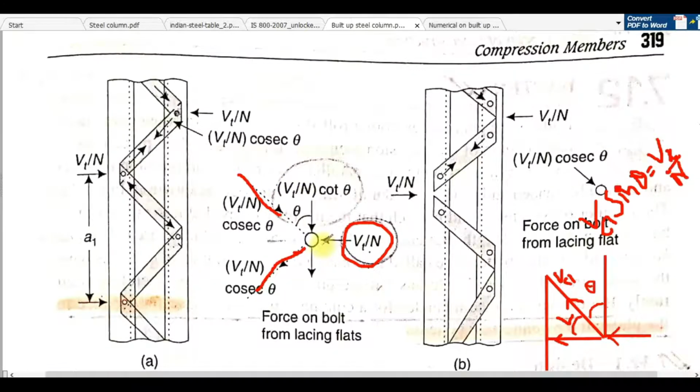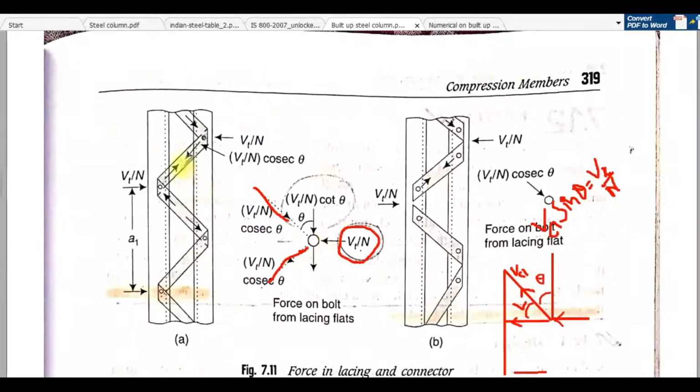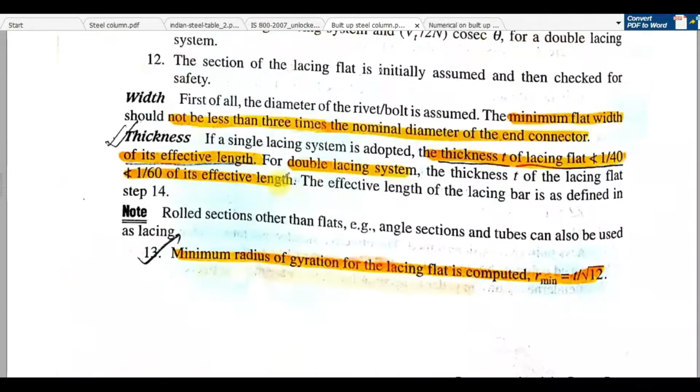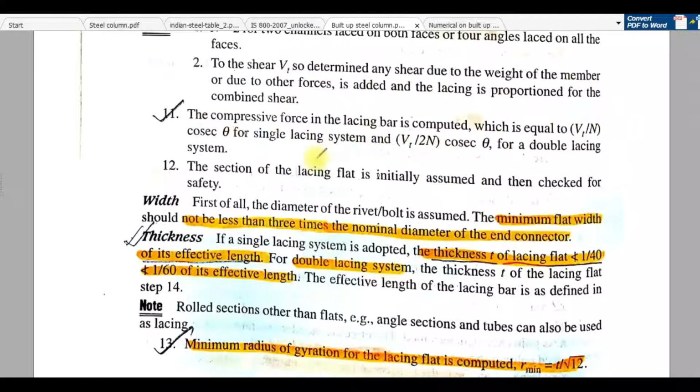Now you know the total compression which is coming on the lacing bar, and you have to check what should be the thickness and what should be the width of this lacing bar, so that it can carry this amount of compressive load.